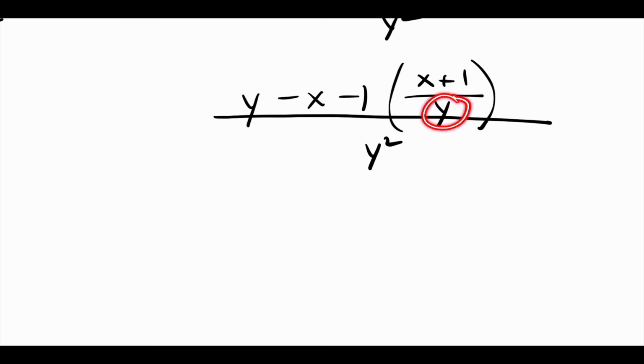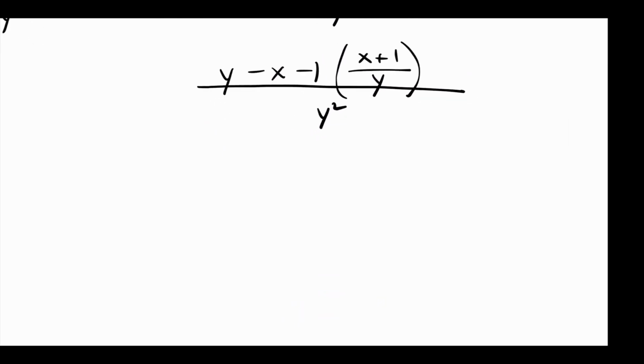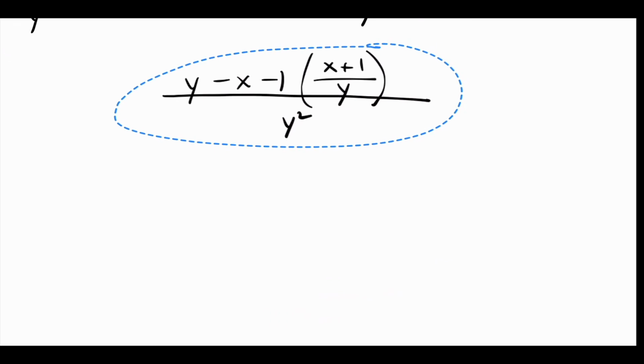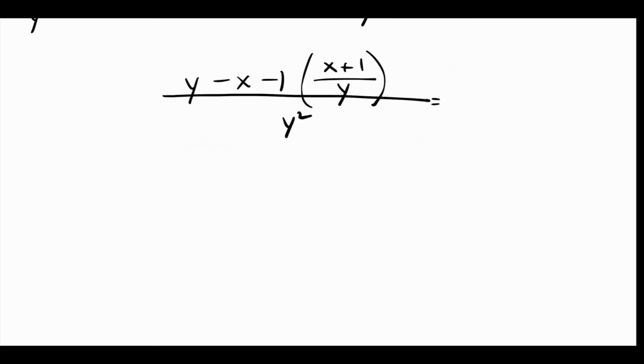This guy here? Oh, move it down to the bottom here? I can do that, yeah. So let me do that. See, y minus (x minus 1)(x + 1) over, now it's y to the third.